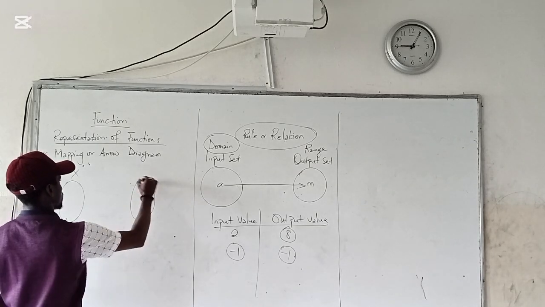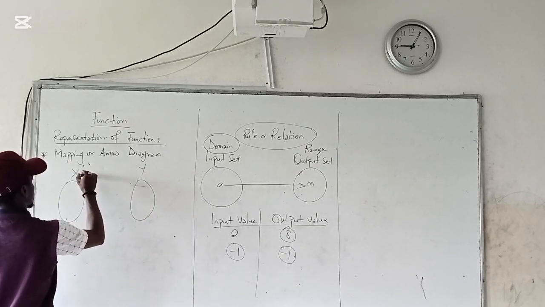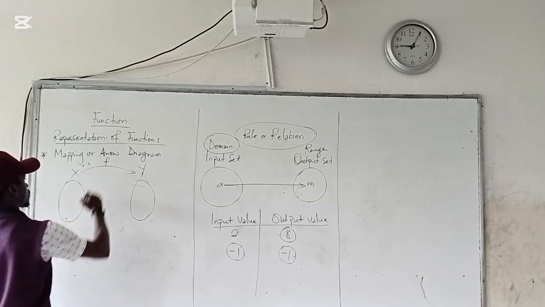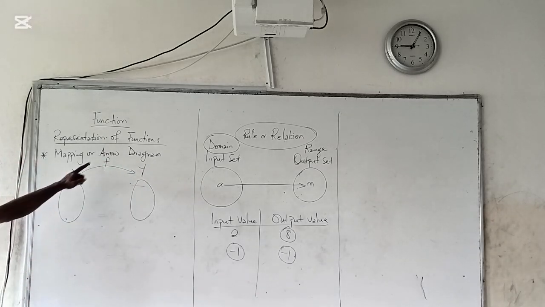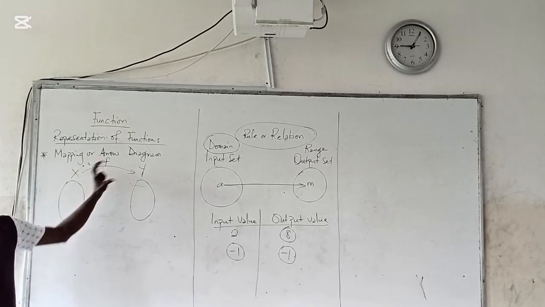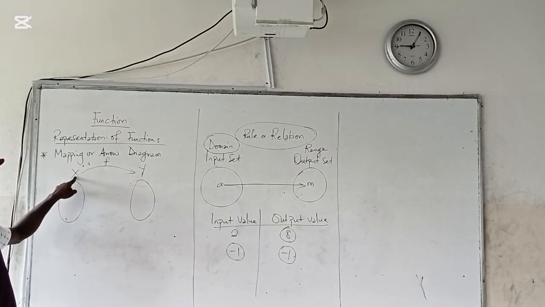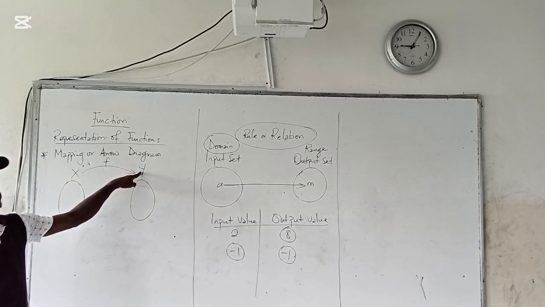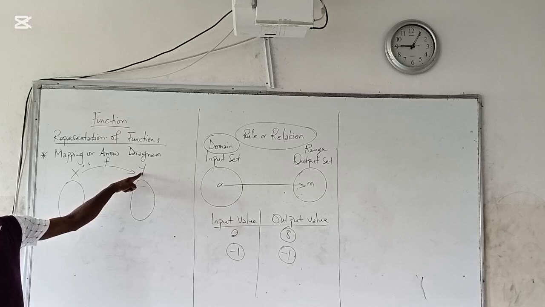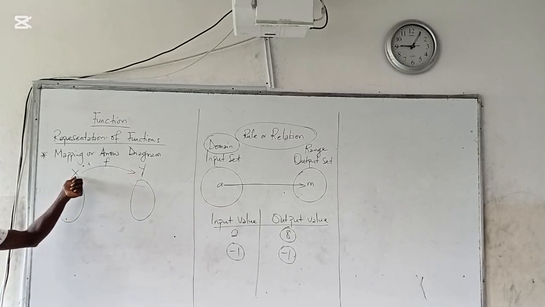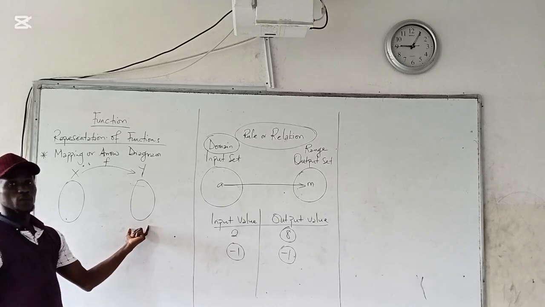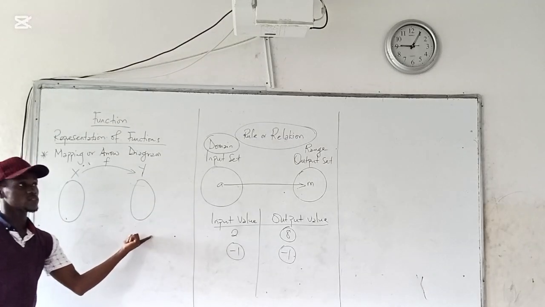This is my output set Y. Then I have my function here, F. This function F here assigns elements from set X to set Y. That is what this diagram is telling you. That the elements here are assigned to here. So the elements in set X are assigned to elements in set Y. By the way, take note, what is set X? Domain. What is set Y? Codomain or range. Let's use range for now.